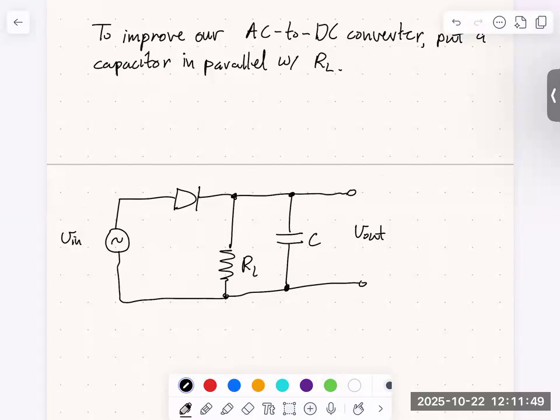And what will happen is our charged capacitor will discharge through this resistor RL. But we're going to arrange it so that that discharge is very slow. So when the diode is reverse biased, instead of the output suddenly dropping to zero, we're going to allow the voltage across the capacitor to bleed off through the resistor very slowly. Okay, so let's see how this works.